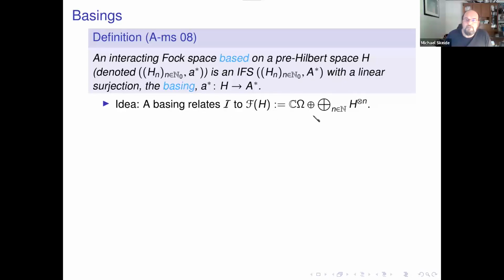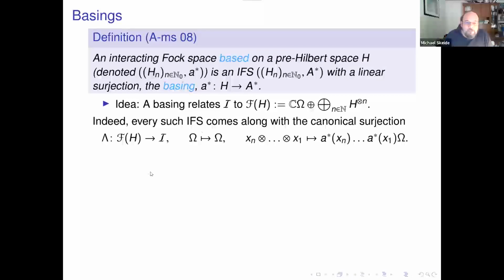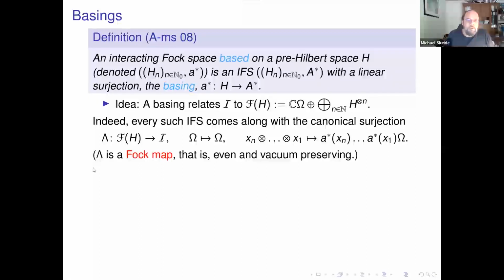And be aware, this is all algebraic here. In fact, every based interacting Fock space comes along with a canonical surjection from the full Fock space onto our interacting Fock space. Omega goes to omega, and simple tensors go to the corresponding product of creators applied to the vacuum. This lambda is what we are going to call a Fock map. By Fock map, we mean an even vacuum preserving map.